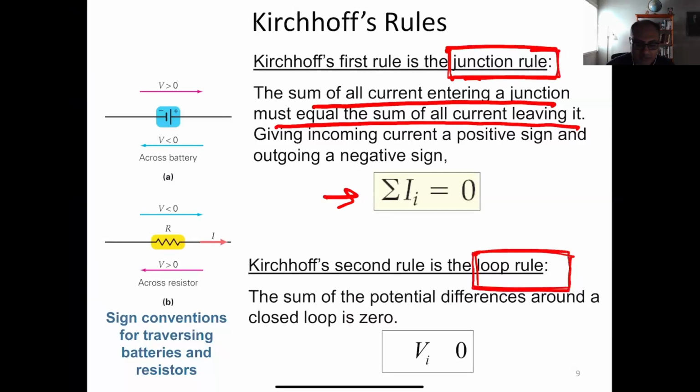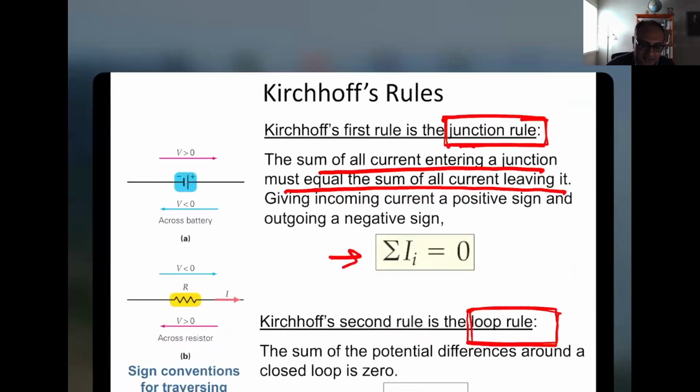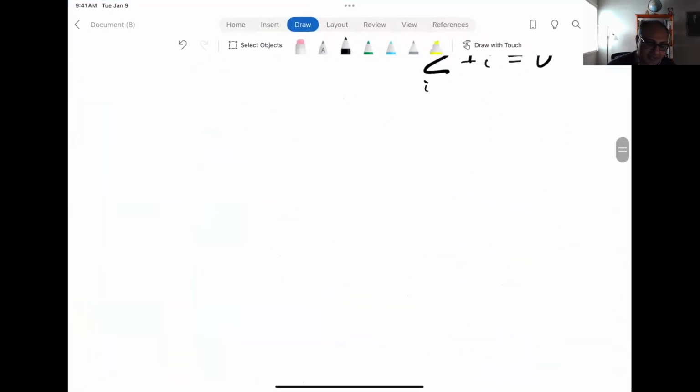The loop rule is also quite simple conceptually. So the loop rule says that suppose you have some kind of a circuit, it might be a very, very complicated circuit. You might have plenty of batteries, resistors, whatever.